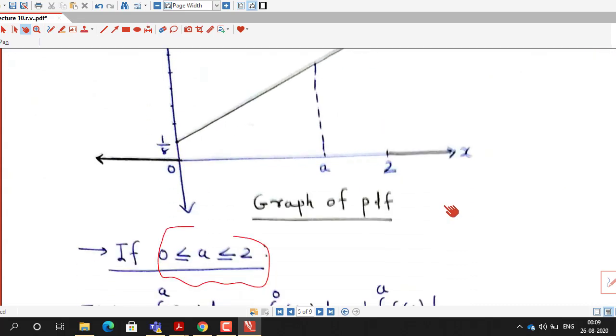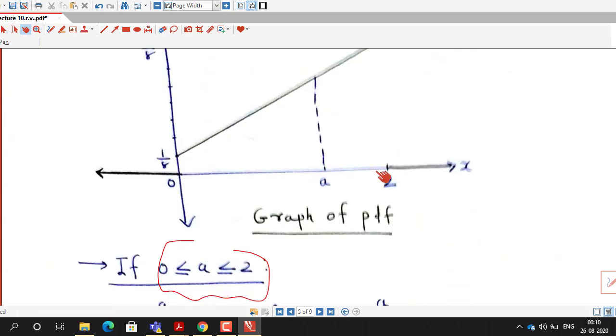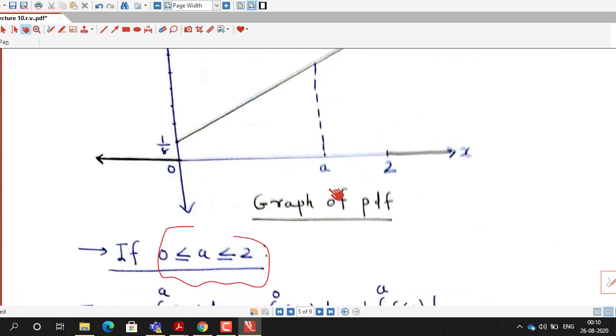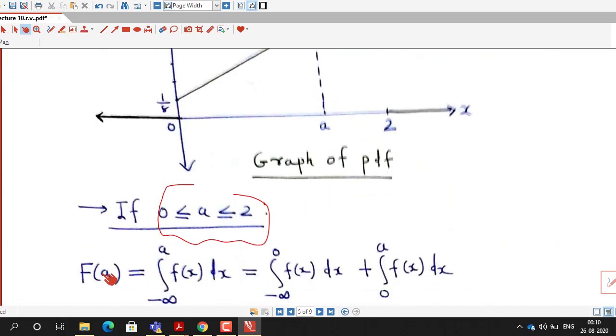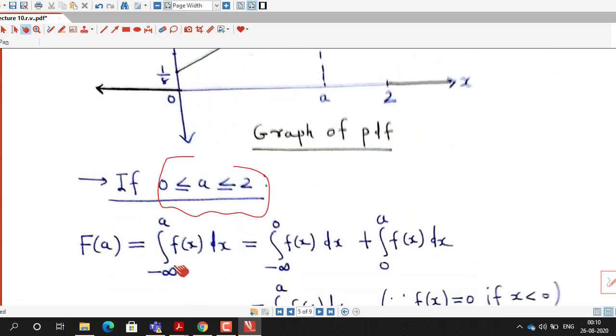Now we are interested in finding the value of the cumulative distribution function at point a if a is in between 0 and 2. So suppose a is somewhere here; it can be anywhere in between 0 and 2. By the definition, F of a is the integral of f(x) from minus infinity to a.